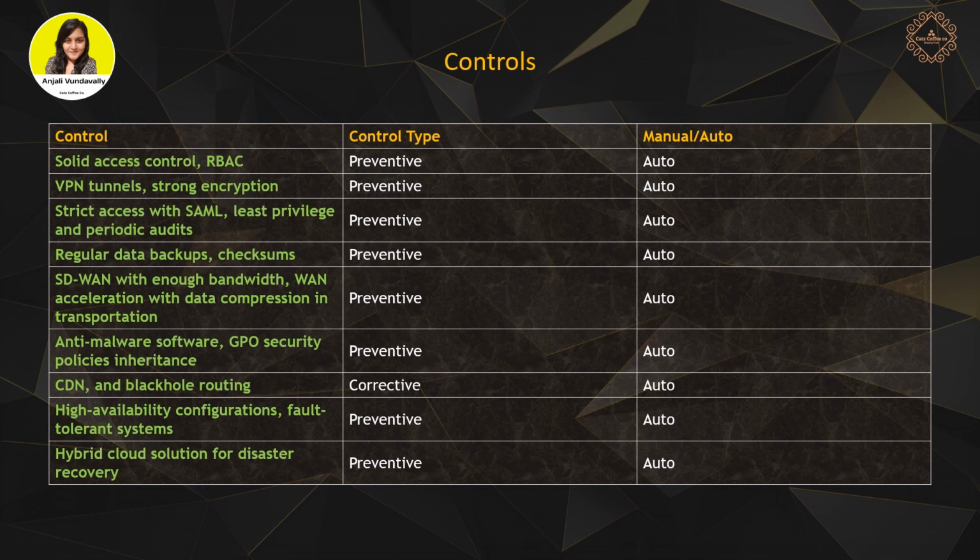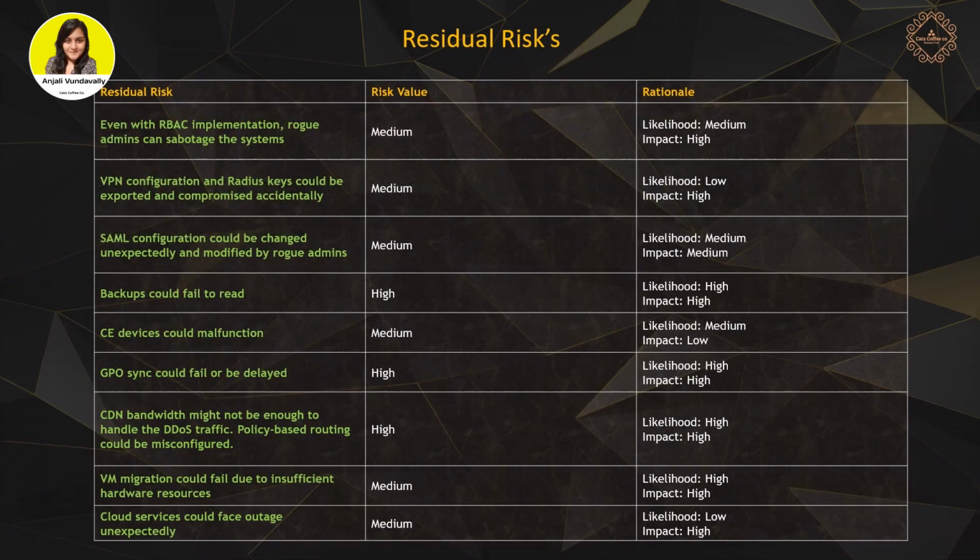Now, even with controls, following are the residual risks for our Catz Coffee Co. The first is that even with RBAC implementation, rogue admins can sabotage the system.